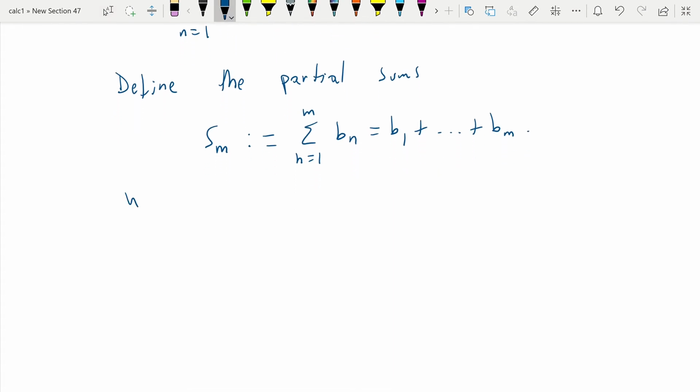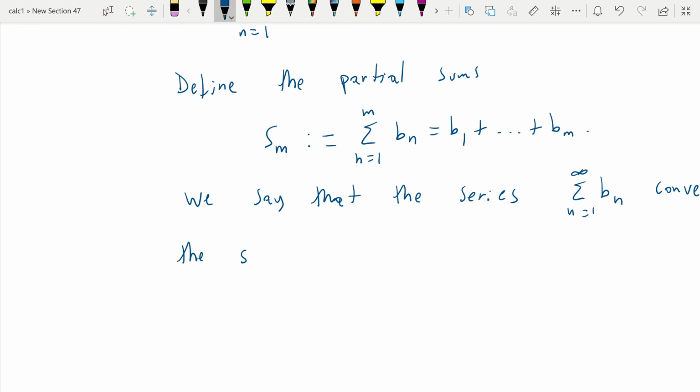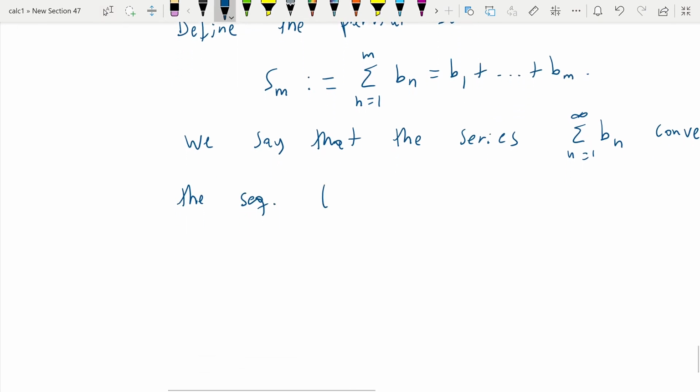So we say that the series, the sum from n equals 1 to infinity of b_n, converges to b if the sequence S_m converges to b.